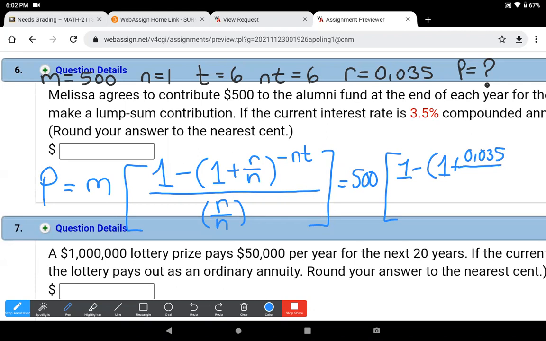So we don't actually need that, but we'll write it there just in case anyone needs to see it. NT is 6, so negative 6.